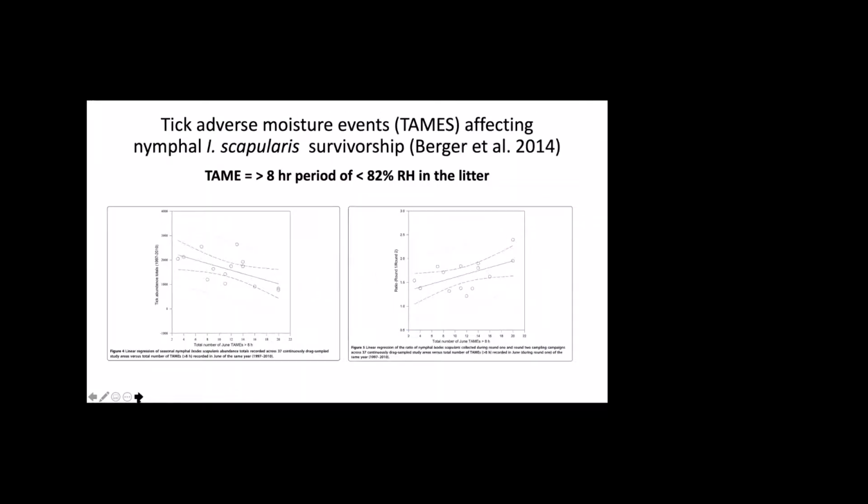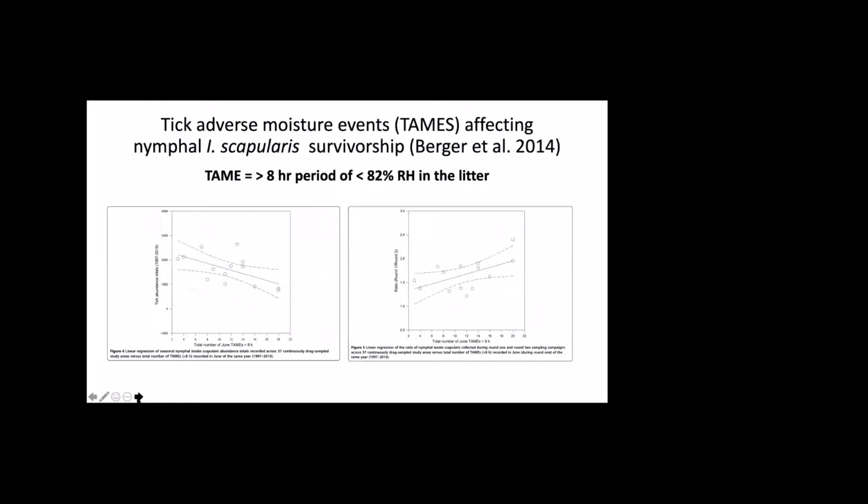Okay. So Katie Berger, as a graduate student in Rhode Island, did this research project that showed that when the relative humidity is really low, that's when ticks are more prone to desiccate and die. So she called these tick adverse moisture events, TAMEs.